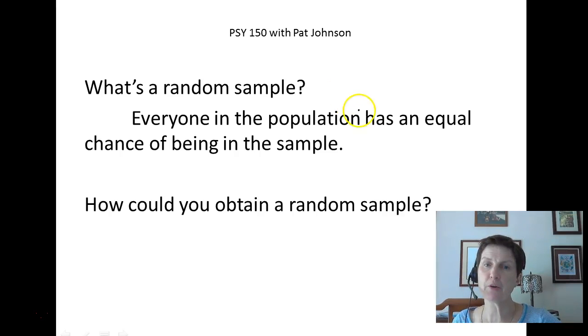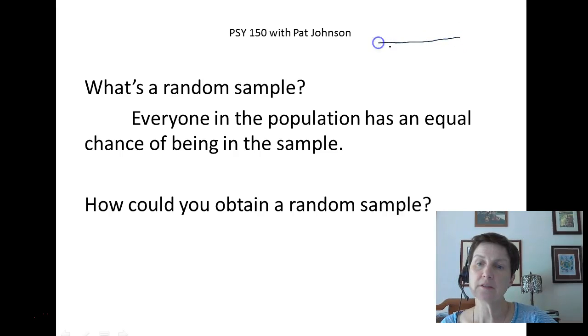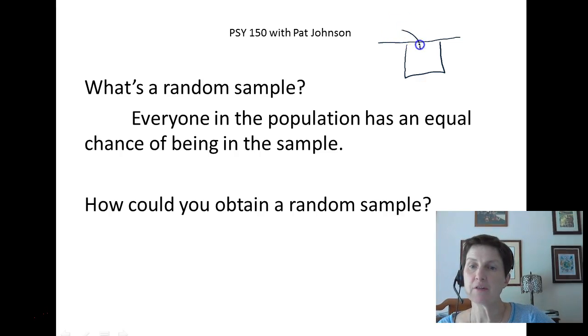So how could you obtain a random sample? Well, let's suppose this is a top hat. We turn it upside down, and into our top hat we put the names of everybody in the United States.